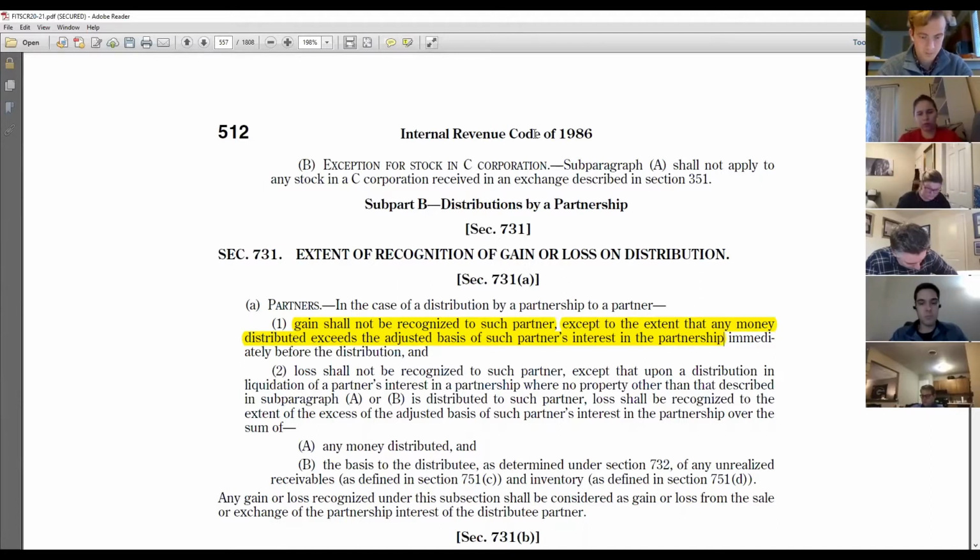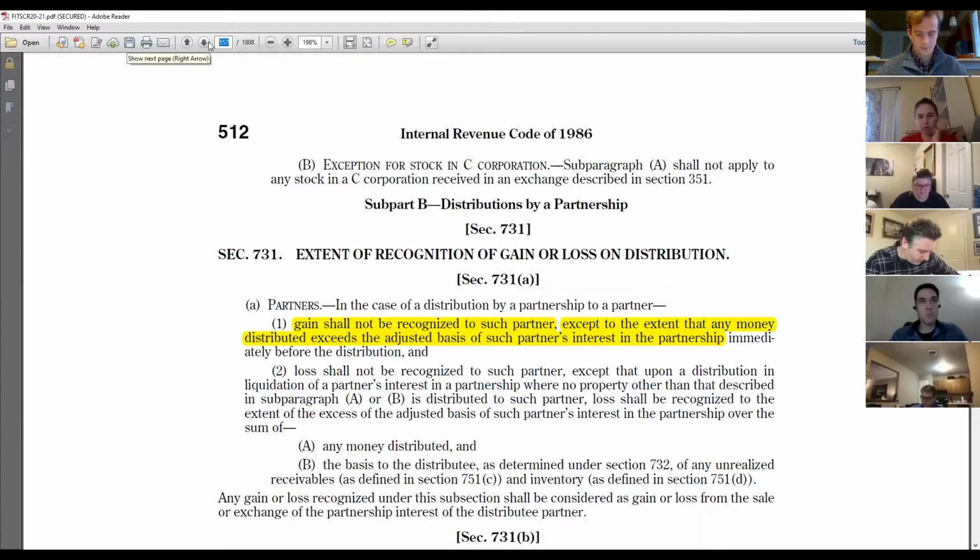And so bottom line is, for distributions of money, they reduce your outside basis, but not below zero. And any distribution in excess of your adjusted outside basis immediately before the distribution results in gain to the partner. And we can see now one reason why 752(a) is a taxpayer-friendly rule.